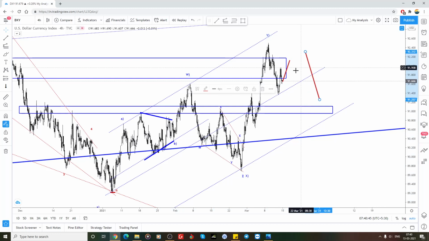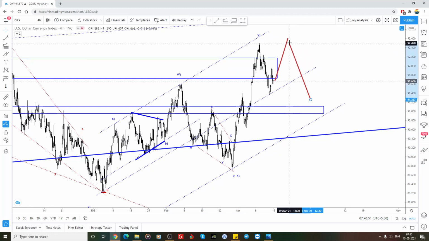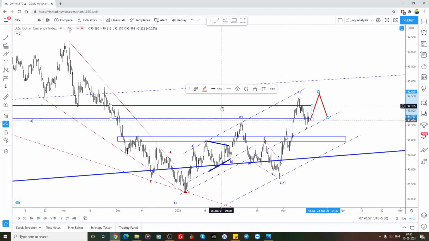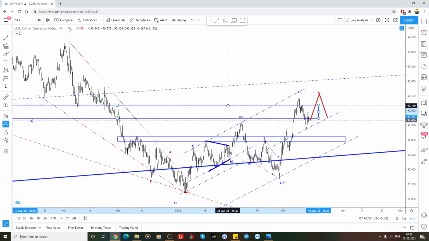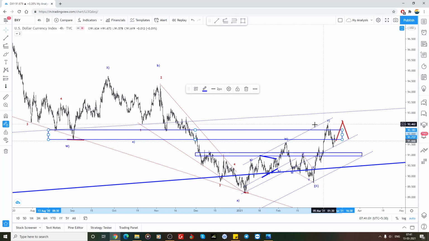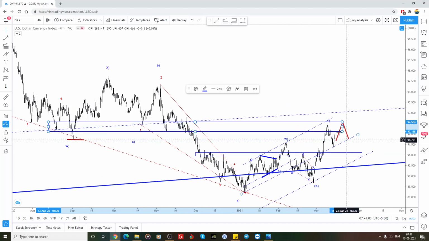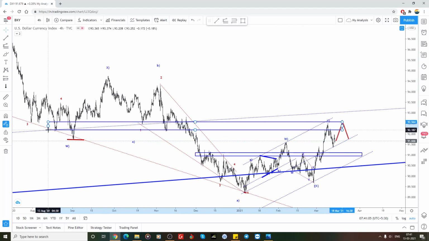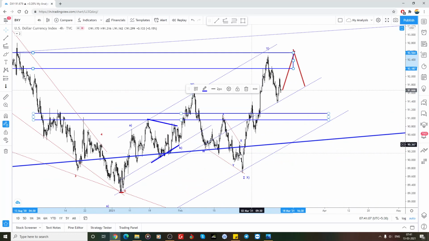Otherwise, if this is going to be an irregular flat like this, it will again retest this zone. Previously it was the resistance zone, now there's rejection from here, so I mark this as a resistance, and previously from here I took this as a resistance zone.